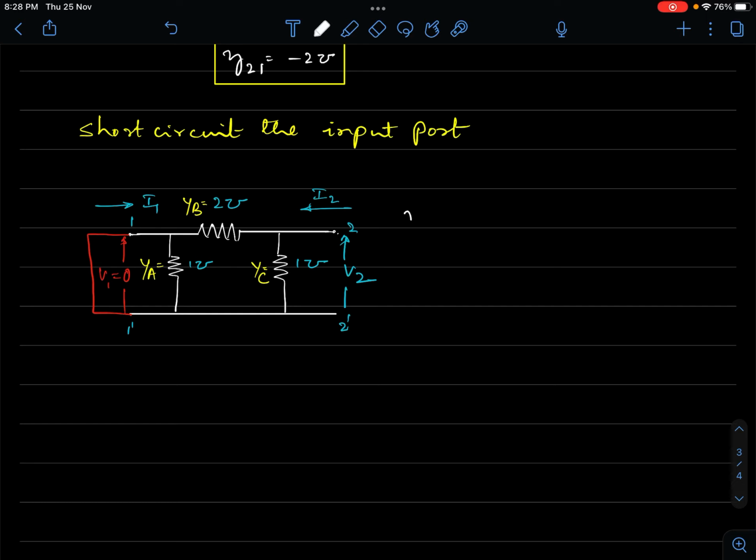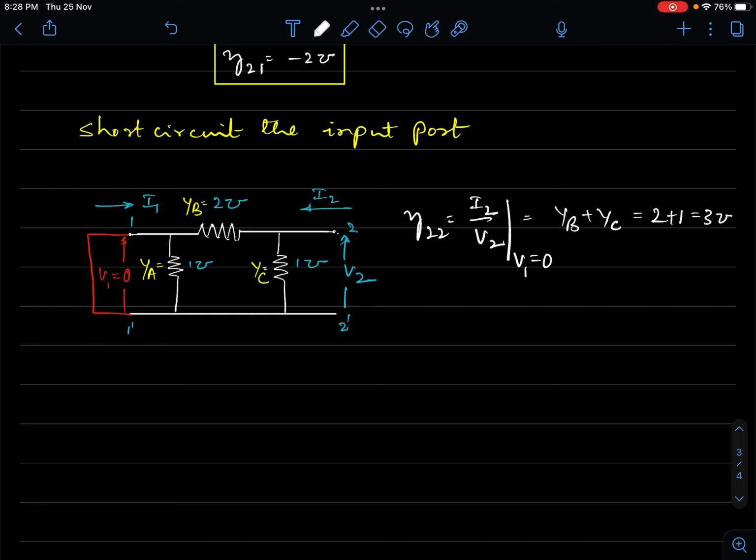So if I have to write down what is Y22, Y22 is the ratio of I2 to V2 with V1 made 0, is simply the sum of these two, that is YB and YC, because YB and YC are appearing in parallel, right? So YB is 2 mhos and YC is 1.